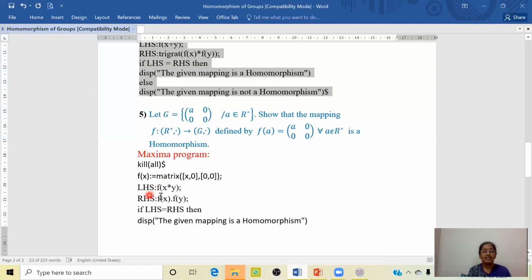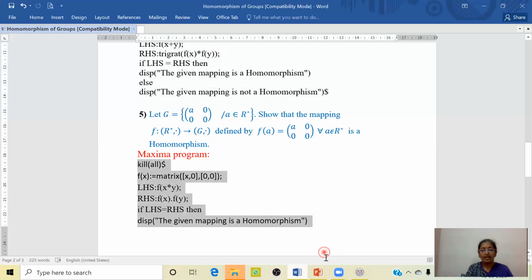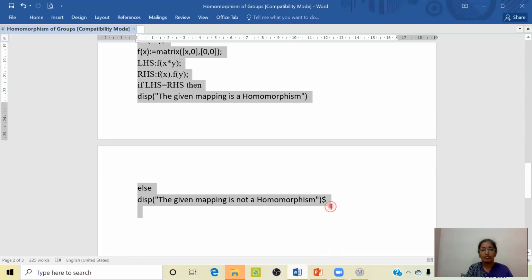Now the left hand side is f of x star y, because here the domain group is R star with respect to multiplication, therefore x star y. On the codomain side we have G, which is the group containing matrices. Therefore this star represents matrix multiplication. So the right hand side is f of x dot f of y, because dot is the matrix multiplication command. Now let us check whether this is a homomorphism or not. We need to show that this is a homomorphism.